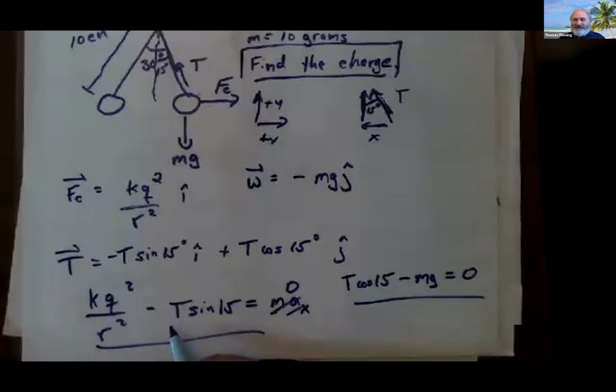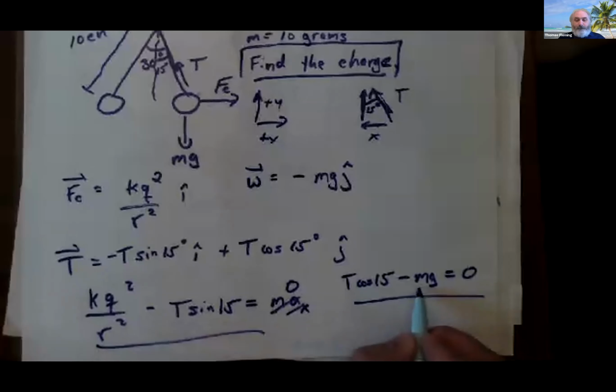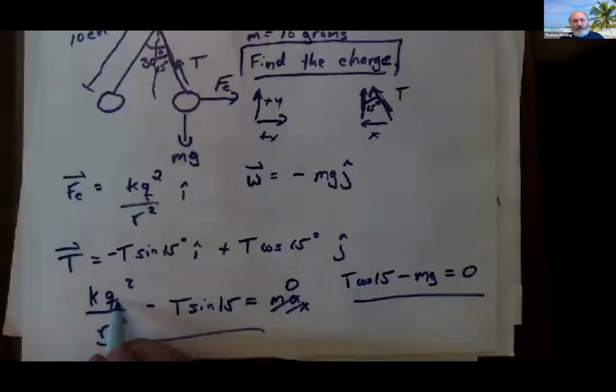No. So I don't know R, and I don't know T. That's a problem. Do I have a number for M? Yes, M is just a number. G is 9.8, no big deal. So the trouble spots are R and T. If I get rid of both, I've got nothing but numbers and Q, and I can solve for Q.